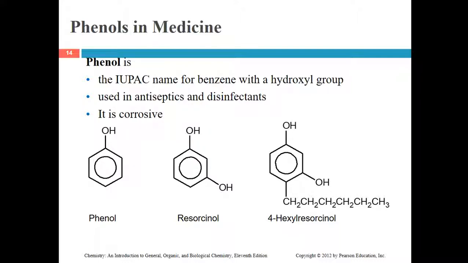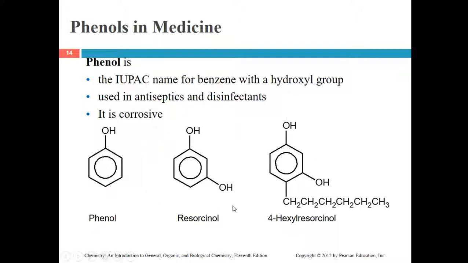Now, phenol, the IUPAC name for benzene with a hydroxyl group, is phenol. It is used in antiseptics and disinfectants. One of the issues with it is that it is corrosive, but that's also why it's a good antiseptic and disinfectant. Here are some other examples.